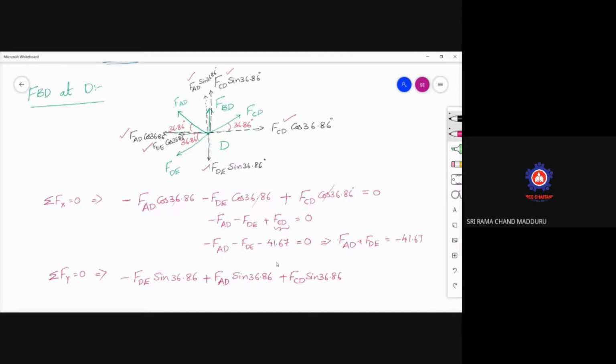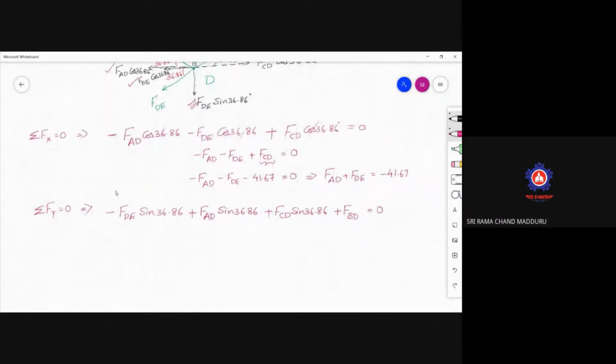Is there any other force, or shall I make it equal to 0? We have written FDE vertically downward, FAD vertically up, FCD vertically up. What about FBD? FBD is also acting in the upward direction, so plus FBD is equal to 0.